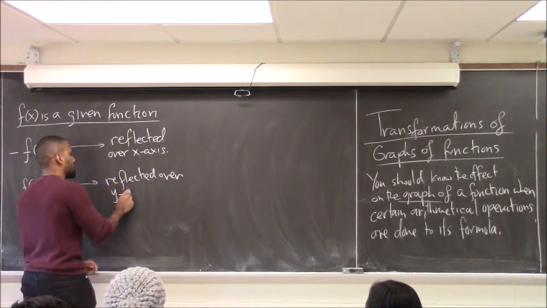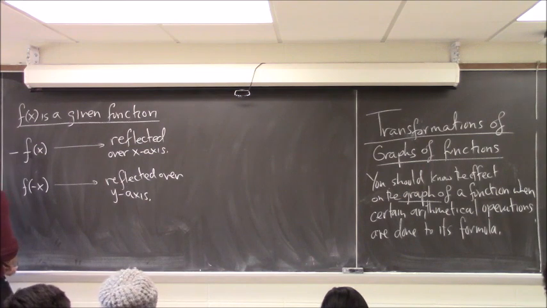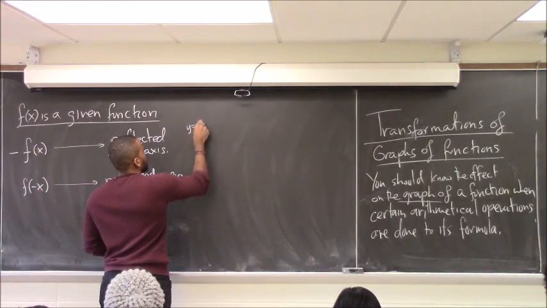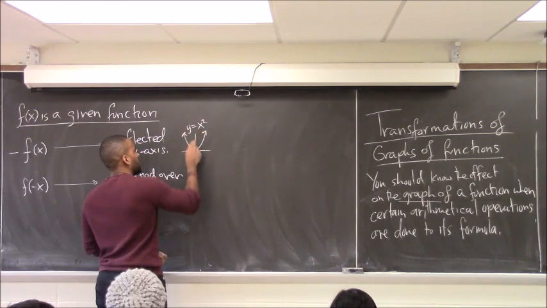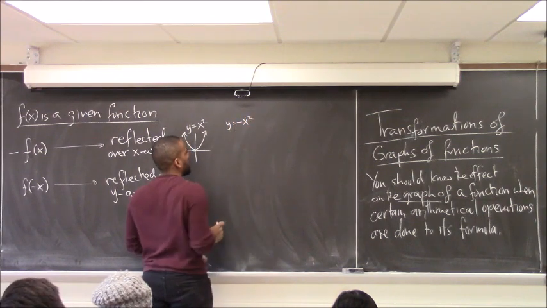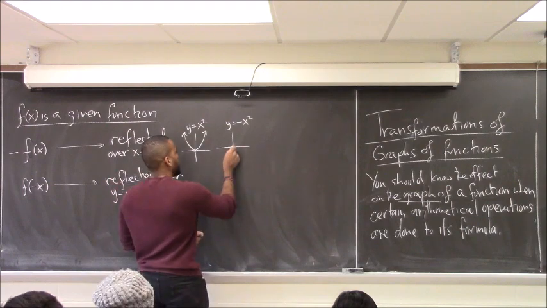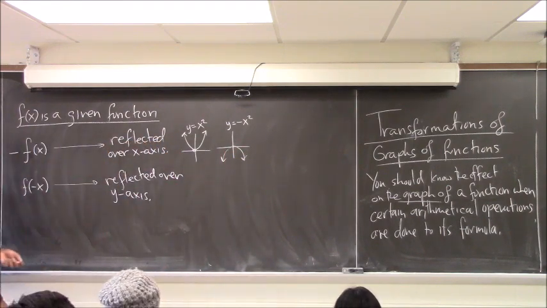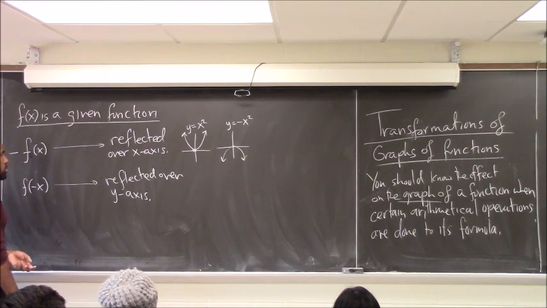This one here is reflected over the y-axis. For example, if you have y equals x squared, it's going to look like that, passing through the origin. Whereas if you just put a negative sign in front of the whole thing, it'll flip this over the x-axis, flip it upside down. And you can talk about reflected over the y-axis.